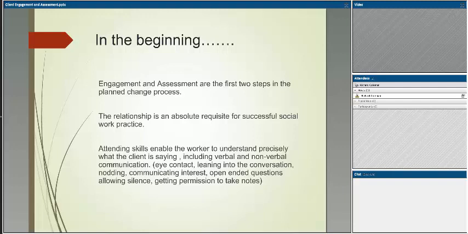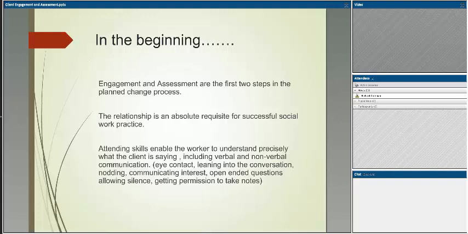So how we start out makes a huge difference in the work we end up doing. The attending skills you demonstrate are going to be very important. They may not look like very important things, but they are.